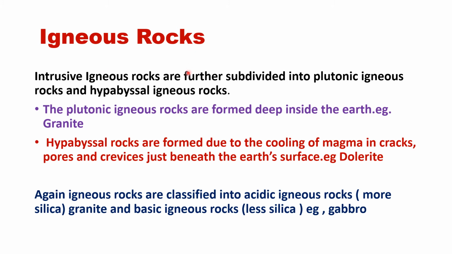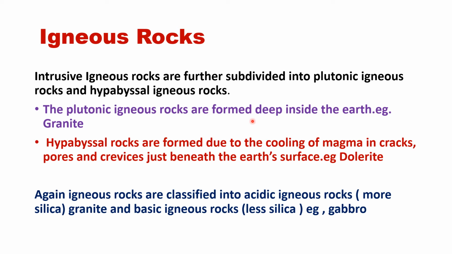Intrusive igneous rocks are further divided into plutonic igneous rocks and hypabyssal igneous rocks. The plutonic rocks, Pluto comes from Greek mythology. Pluto is the god of the underworld. So it is from Pluto that we come across the term plutonic.